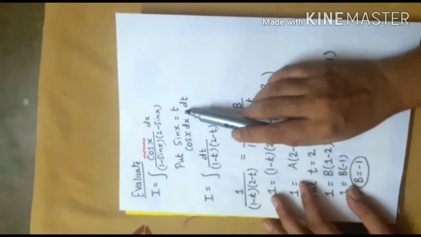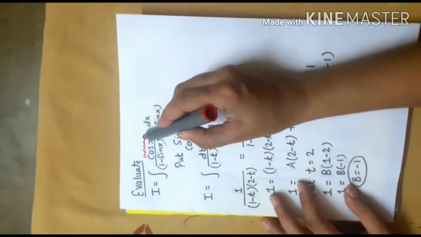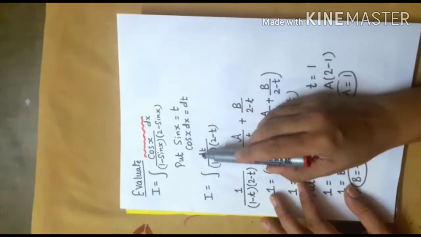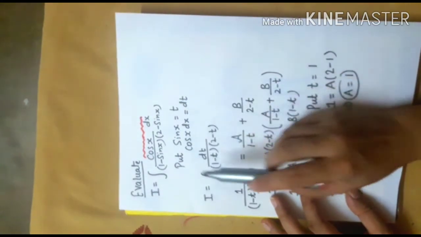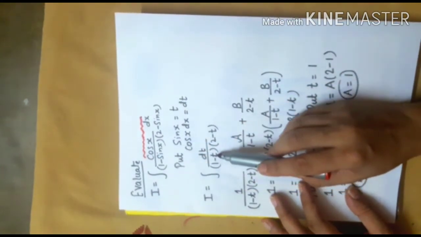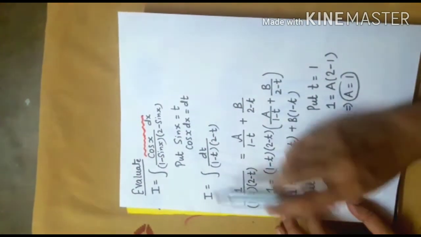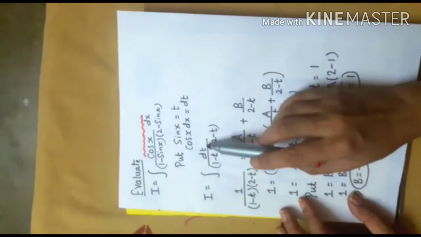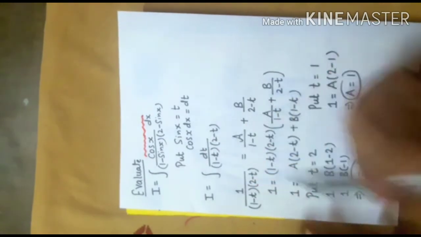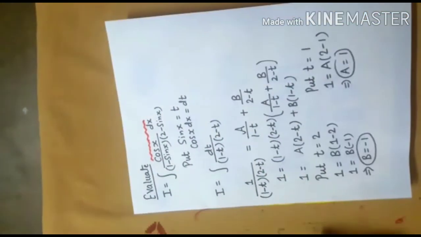So cos x dx will be dt. In place of this, I can write dt over 1 minus t into 2 minus t. So I will be equal to integral dt over 1 minus t into 2 minus t.